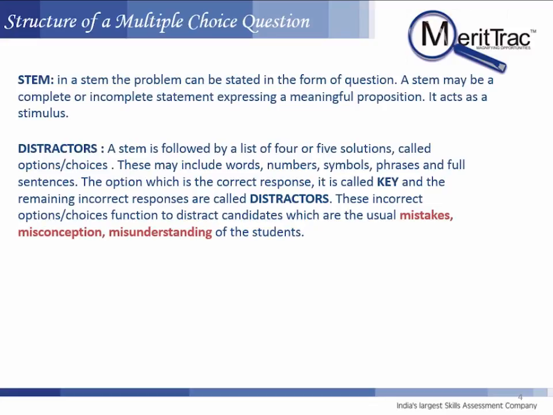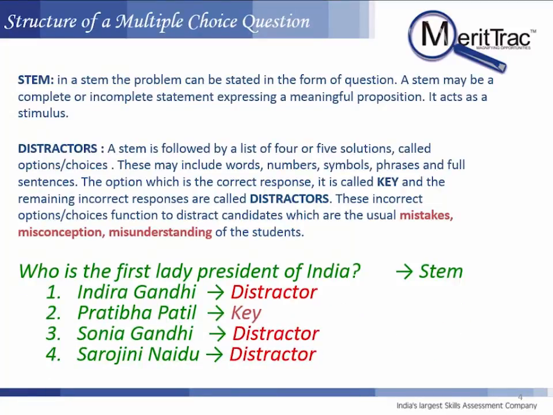So that's the purpose. We'll take a very simple example here. Who is the first lady president of India? This is the STEM, followed by 4 options: Indira Gandhi, Pratibha Patil, Sonia Gandhi, Sarojini Naidu. So Indira Gandhi is a distractor, Pratibha Patil is the right key, and Sonia Gandhi is a distractor, Sarojini Naidu is also a distractor.